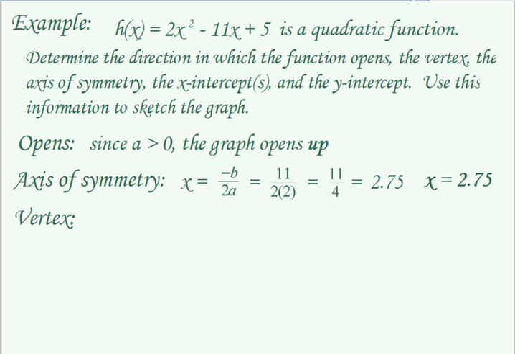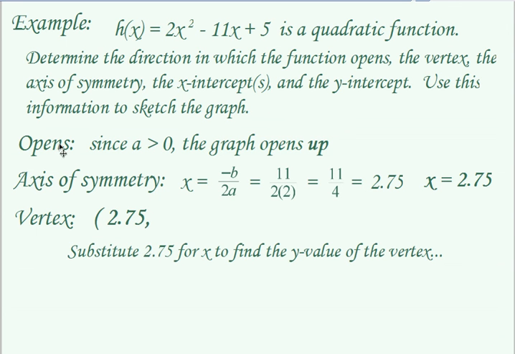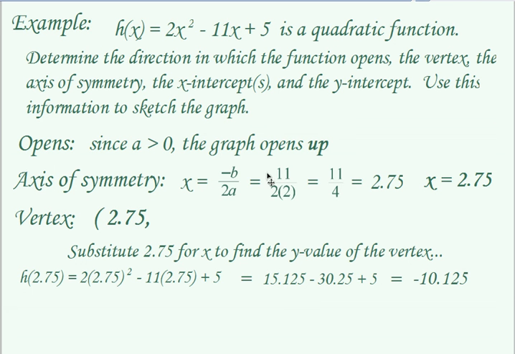So now on to my vertex. I already know the x value of my vertex. I get that from my axis of symmetry. But now I'm going to plug that 2.75 into my original equation for x to help me find the rest. When I do that and use order of operations and simplify my equation, I get negative 10.125.